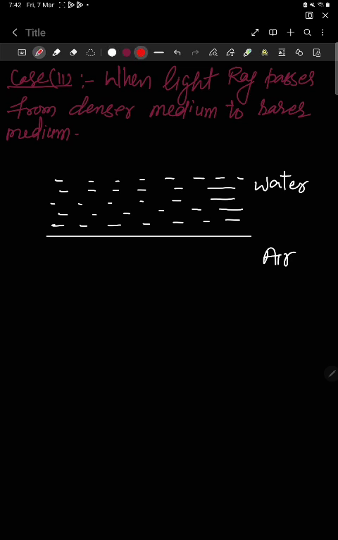Okay, let's draw one normal. Now in this case, what will happen? The light ray is coming from denser medium. Previously light ray was coming from rarer medium, so here light ray is coming from denser medium. So there is water and this side air.